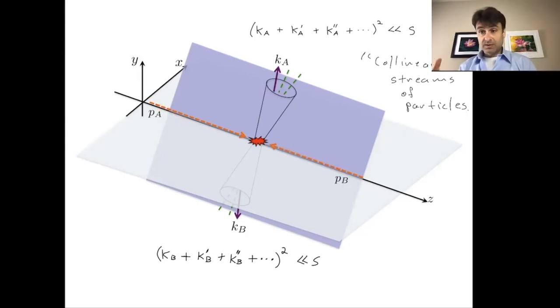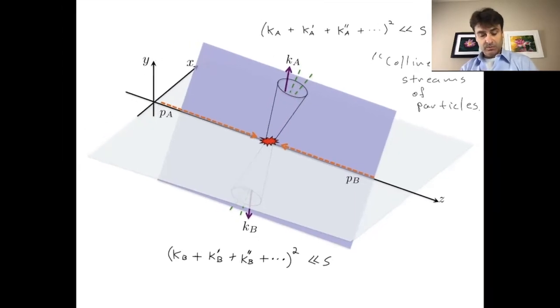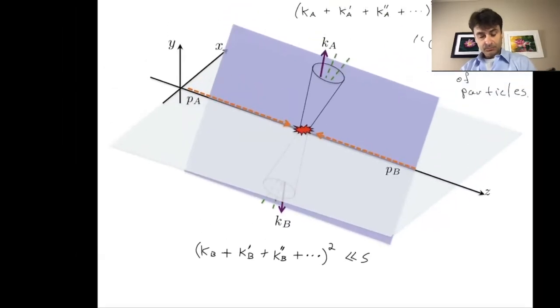So I can use that to say what I mean by a spray, a cone of particles. All these particles together are going to act basically like an almost light-like ray relative to the overall collision. And similarly for the B particles.